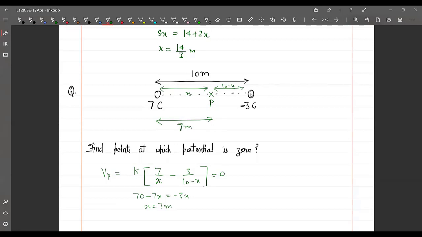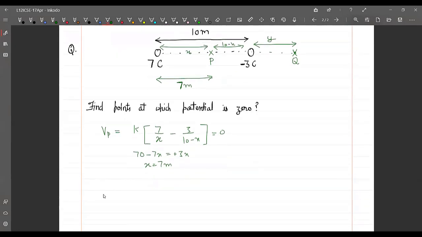And let us take another point Q. The point Q should be near the negative charge because the negative charge has a smaller magnitude, and potential at point Q is 0. Let us take this distance as y. So potential at point Q will be 7 by 10 plus y, minus 3 divided by y.